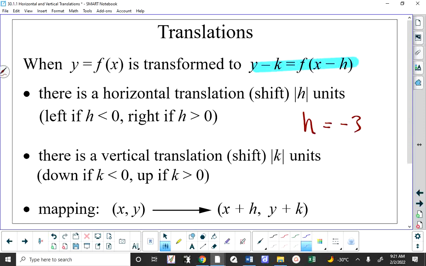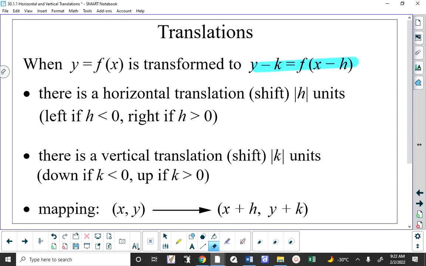Well, if you use this template at the bottom, it says that the new x coordinate will be x plus h, which is x plus -3, which is the same as taking 3 away from x. It's shifting it to the left. You don't need to memorize this mapping at the bottom, but I think it's important that you could build it if you had to or you were asked to, and you understand it if it's in front of you.